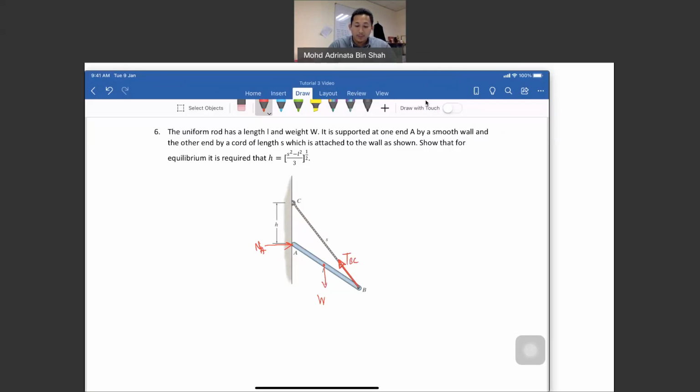Show that for equilibrium, it is required that H equals that one.